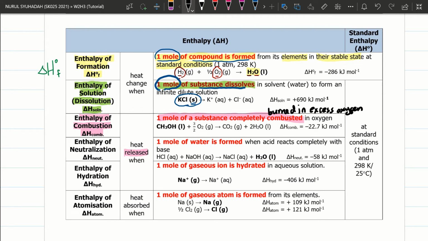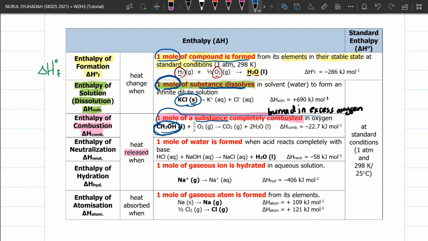Since it says 1 mole of substance completely combusted, you need to make sure that the substance here must be 1 mole.